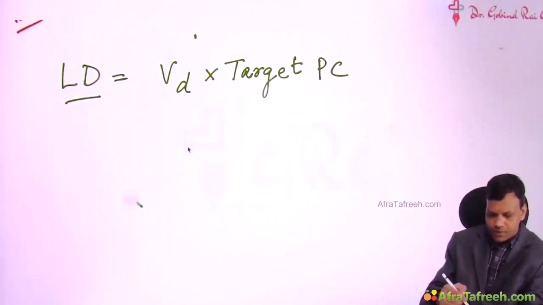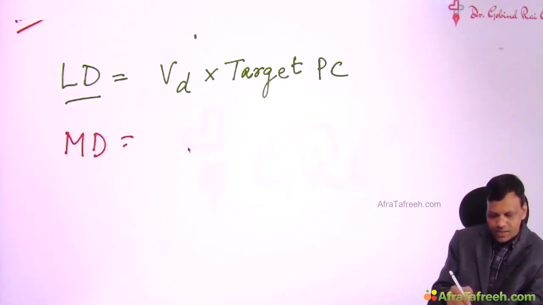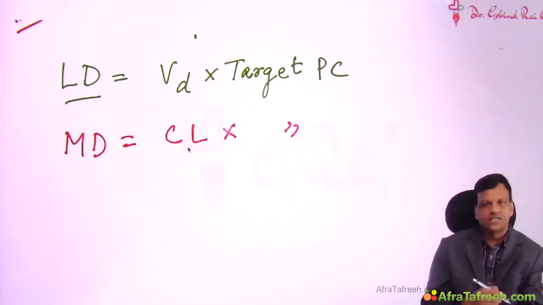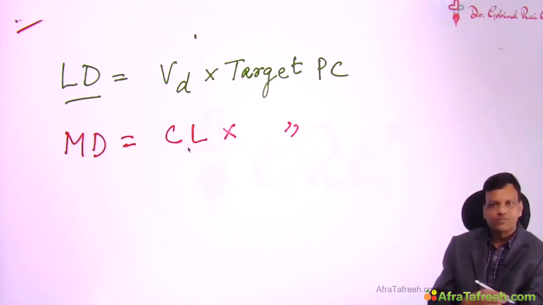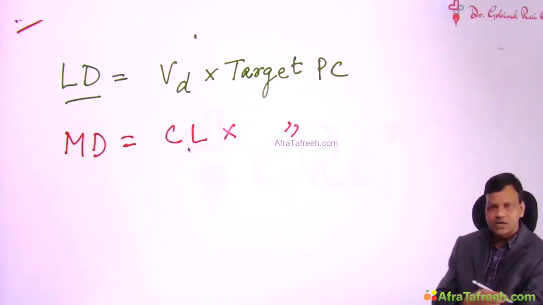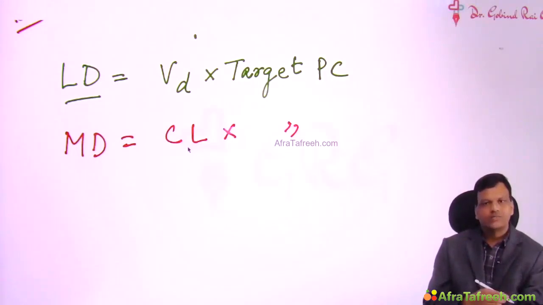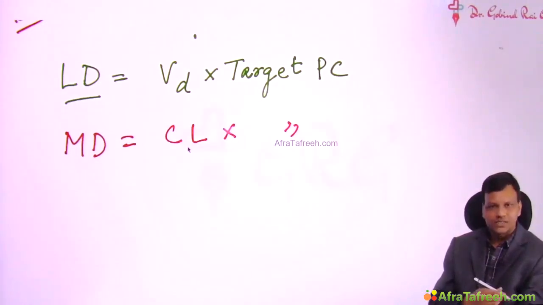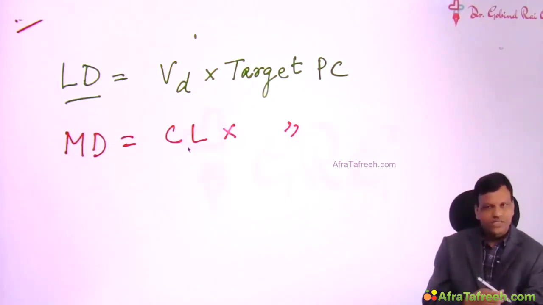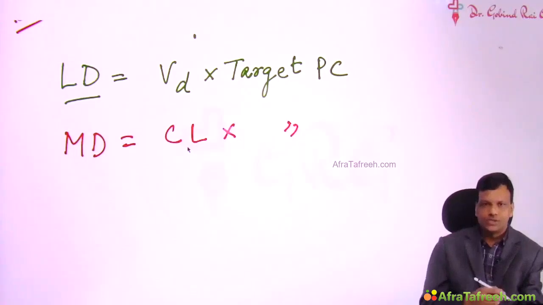Maintenance dose depends upon clearance. For maintenance dose, the formula is similar. It is clearance multiplied by target plasma concentration. So loading dose is volume of distribution multiplied by target plasma concentration, and maintenance dose is clearance multiplied by target plasma concentration. Clear? So with this discussion, we complete our second topic, that is distribution.